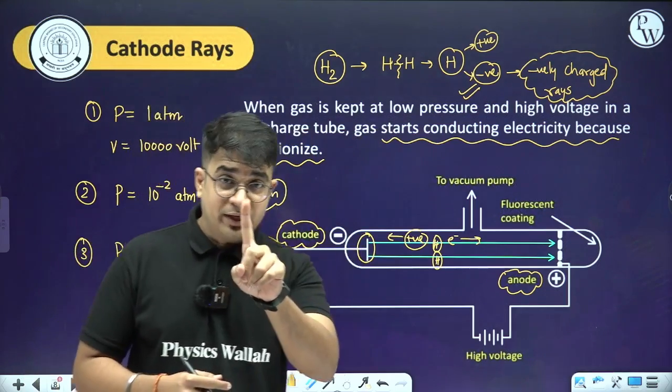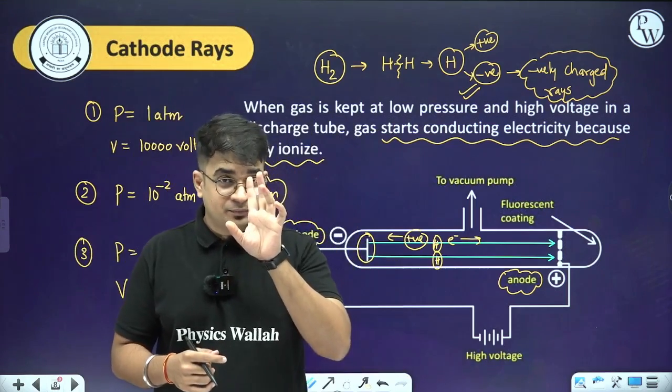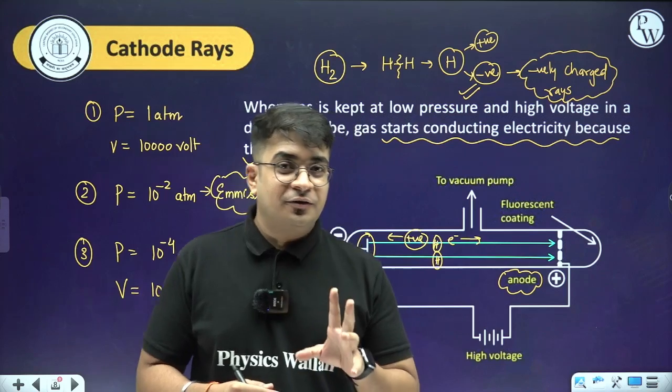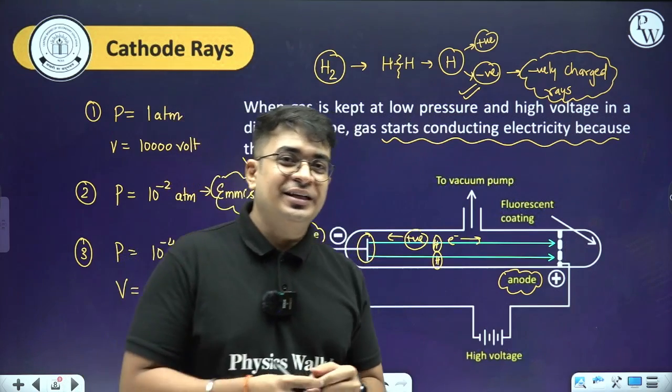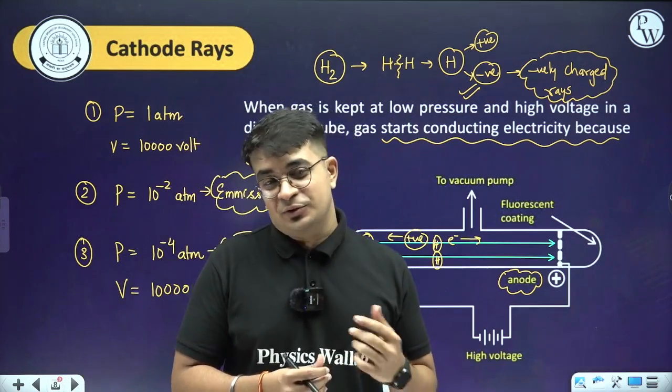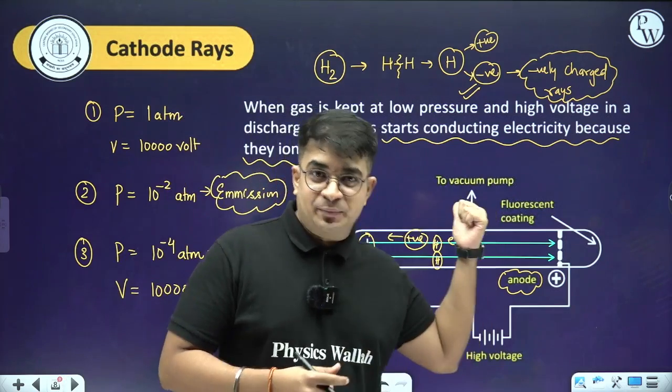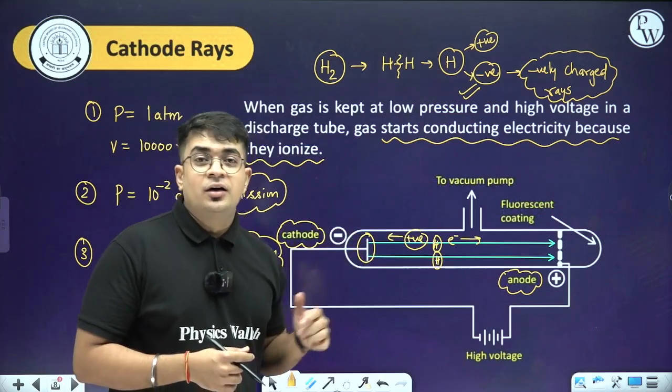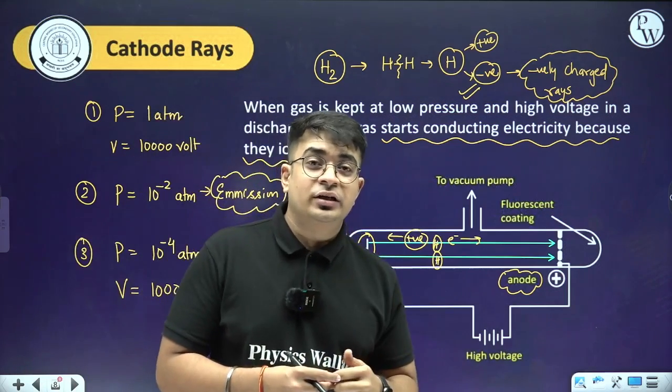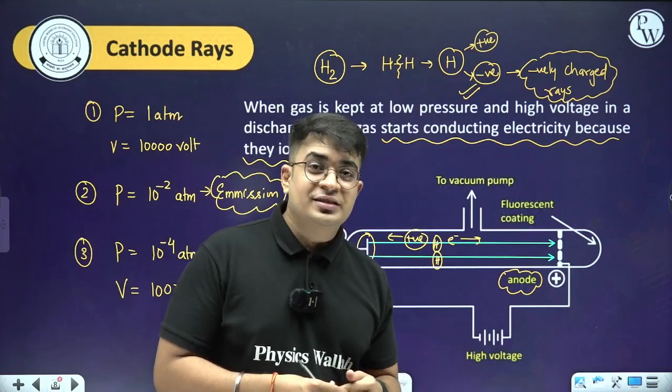The first experiment actually started with the analysis of a discharge tube, which was basically given by the scientist William Crookes. Now the main experiment related to this discharge tube was done by a very well-known scientist, J.J. Thomson.